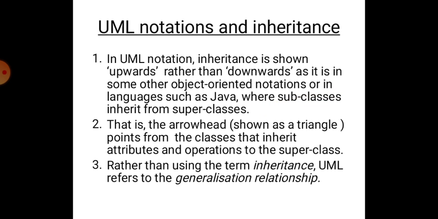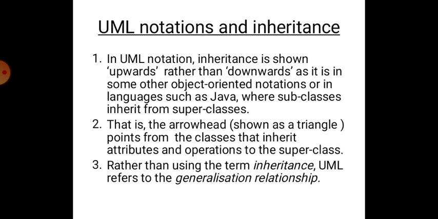Now we will speak about the UML notations and inheritance. Point number 1. UML stands for Unified Modeling Language. In UML notation, inheritance is shown upwards rather than downwards, as it is in some other object-oriented notations or in languages such as Java, where subclasses inherit from superclass.